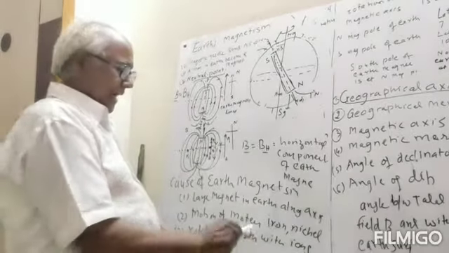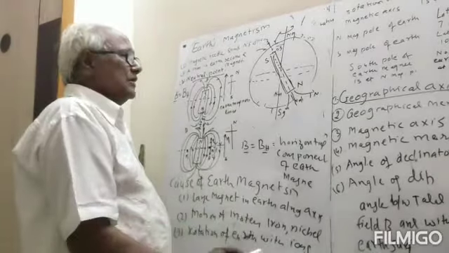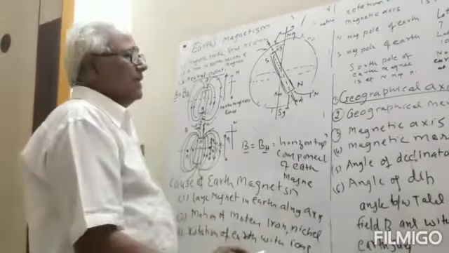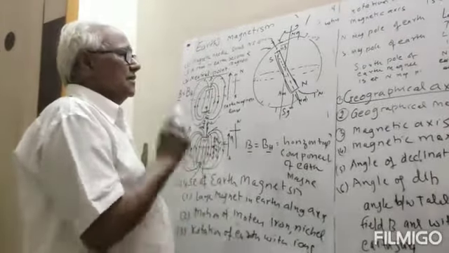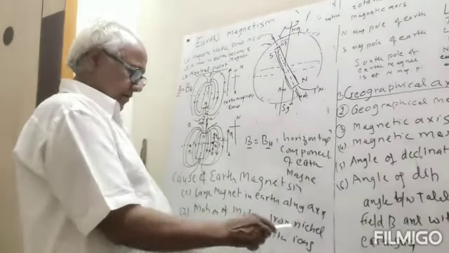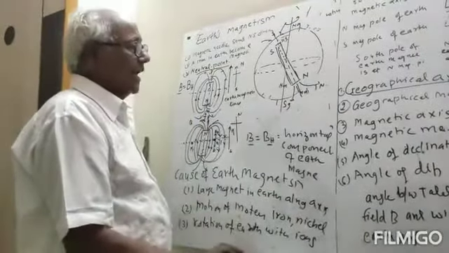Then the next theory comes: the motion of molten iron and nickel. Now we know that iron and nickel are constituents of the earth, and at high temperature, the iron and nickel are in the liquid state. As the earth rotates, the atoms of nickel and iron also rotate.